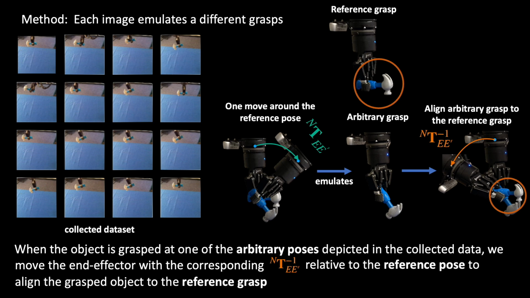When the robot is at the reference pose and the object is grasped as shown in the arbitrary grasp, transforming the gripper by the inverse transformation of the corresponding transformation NTEE prime, while the object is rigidly grasped in the gripper, moves the object to the same global pose as the reference grasp.